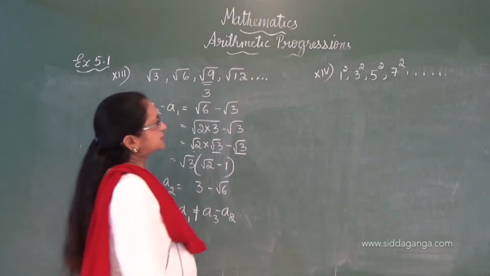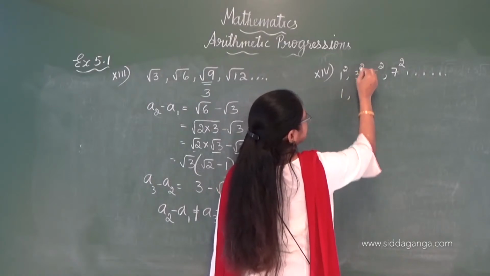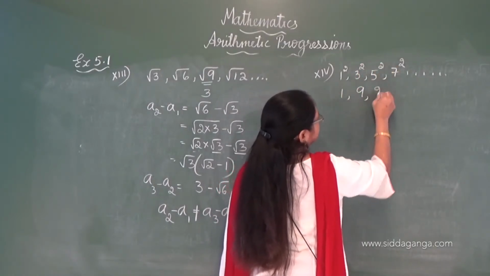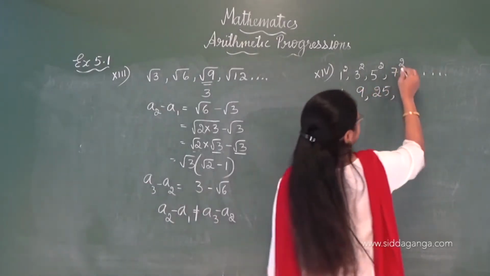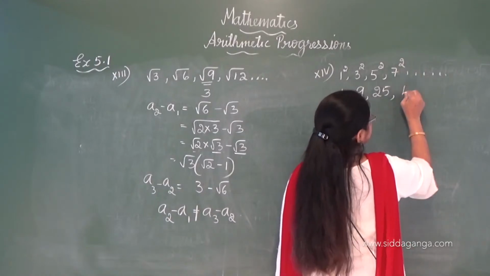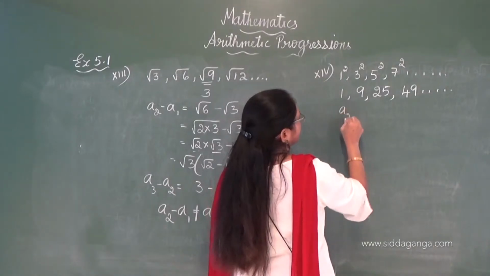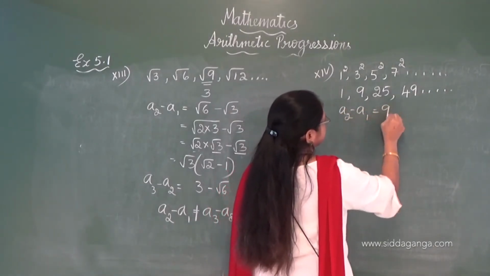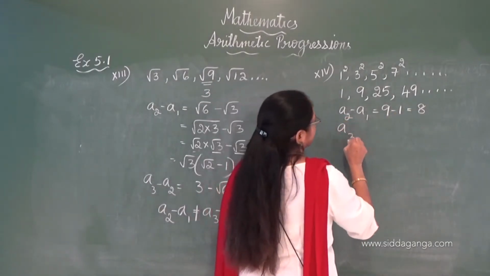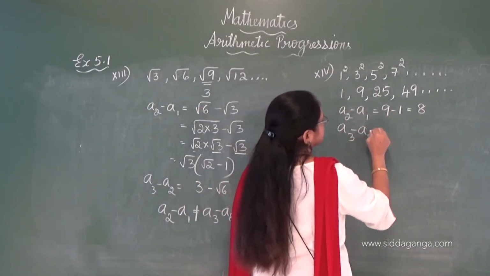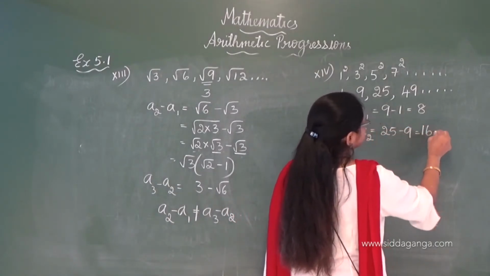Okay. Next, here see this also: 1 square is 1, 3 3s are 9, 5 square is 25, and 7 square means 7 7s are 49. So these are the terms. Now a2 minus a1 is 9 minus 1, which is 8. Next a3 minus a2 is 25 minus 9, which is equal to 16.